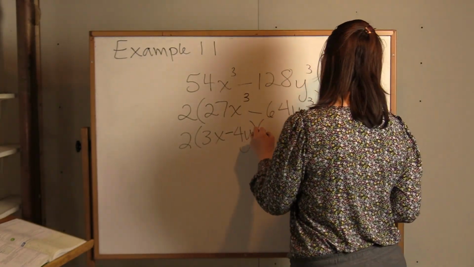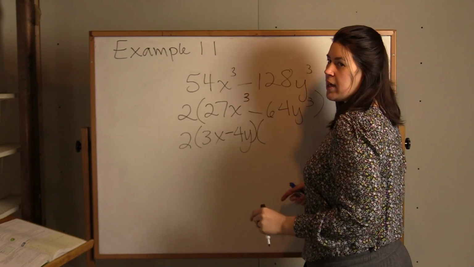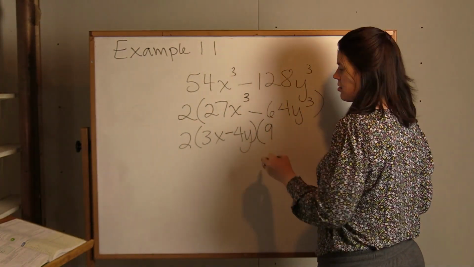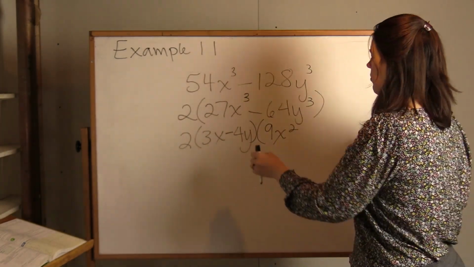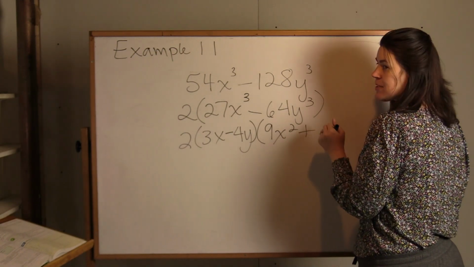All right, starting my trinomial, I take the square of 3x. So 3 squared becomes 9, and then x squared. Whatever this sign is, this is the opposite.